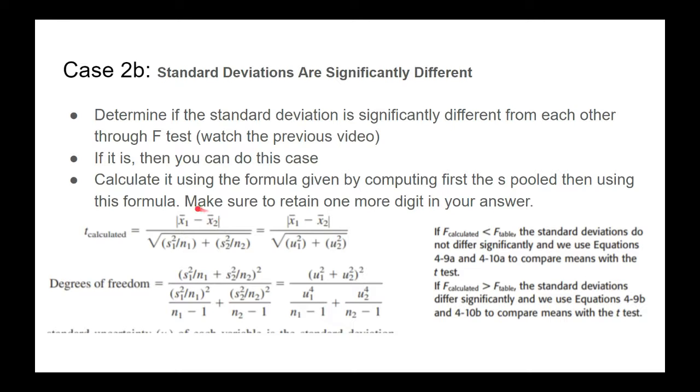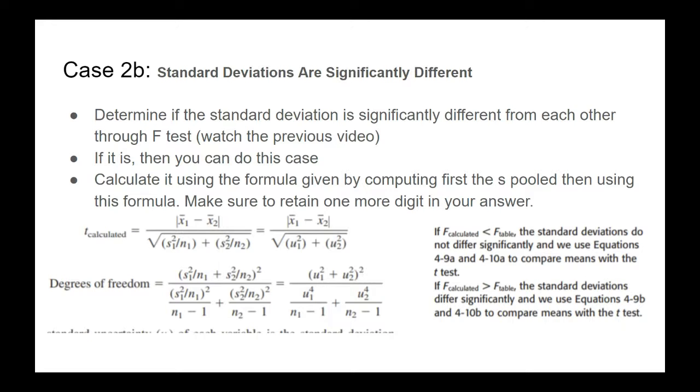So in here, x1 bar is your mean for your first set of data minus your mean for your second set of data, and then you subtract that, and then you find its absolute value.